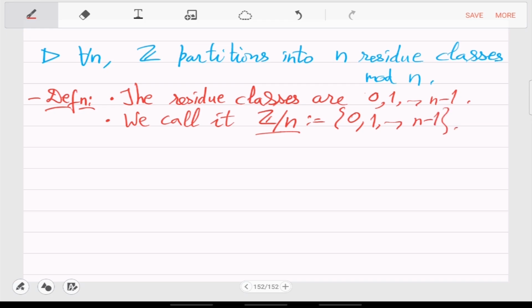Instead of now working with infinitely many integers, we'll just work with 0, 1, dot, dot, n minus 1. We are calling it this fancy notation Z slash n to emphasize that the arithmetic is modular.